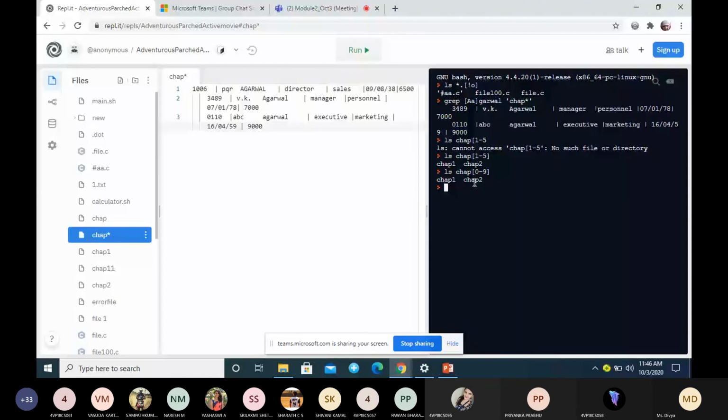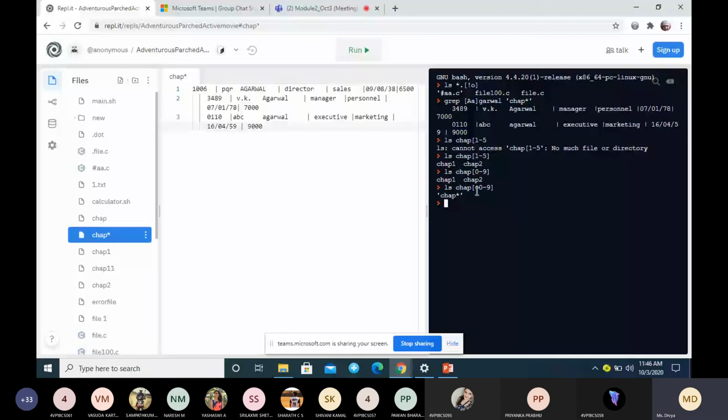Now write like this. I'm using this negation symbol and writing 0 to 9. What will this do? It will list all the files other than those with a digit as the fifth character. It will match everything else.